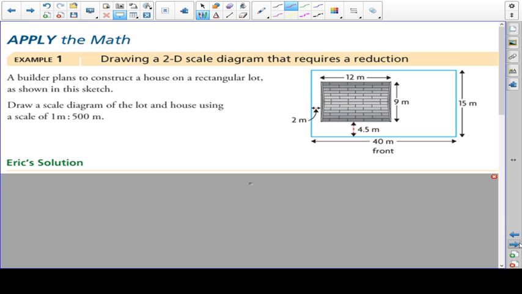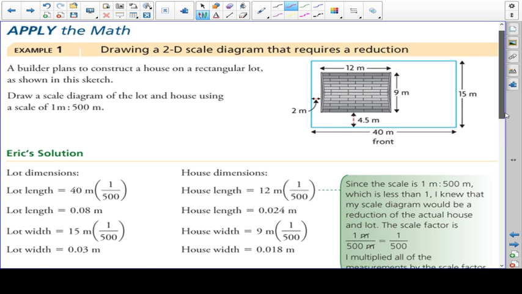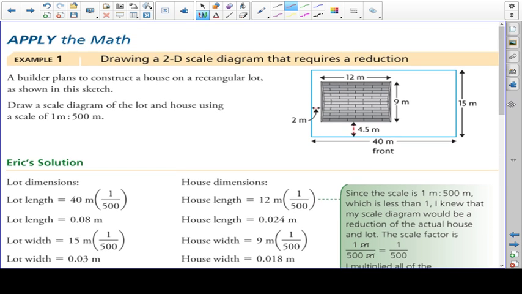So basically, we have 40 meters by 10 by 15 meters. All you need to do is take these and divide them by 500. If you divide this by 500, you're going to get 0.08 meters, which is 8 centimeters.